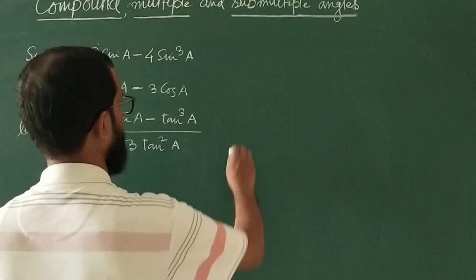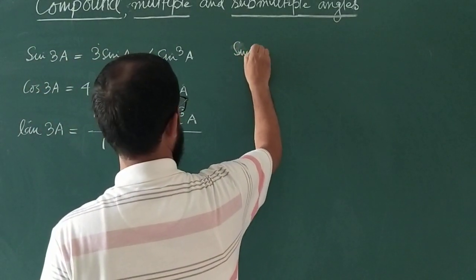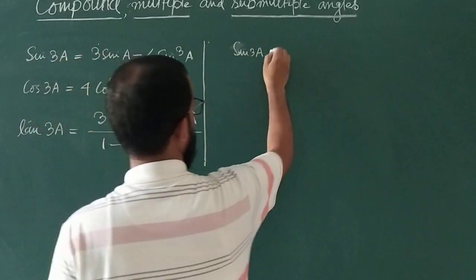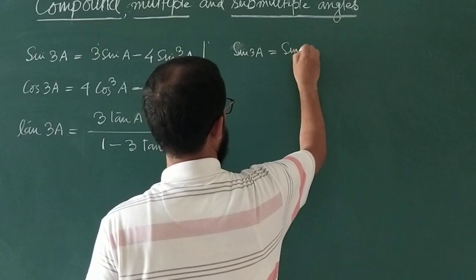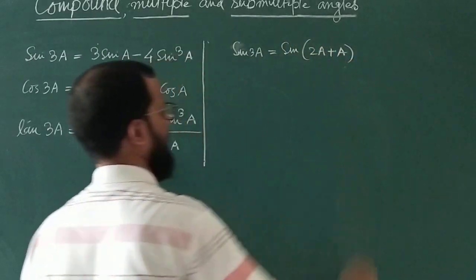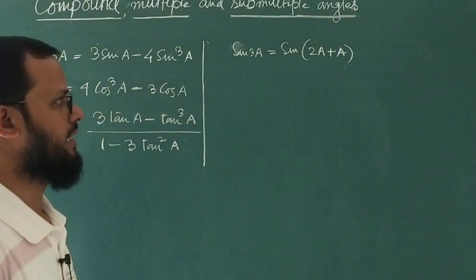Now you know that sin 3a can be written as sin of twice a plus a, because 3a can be written as twice a plus a.